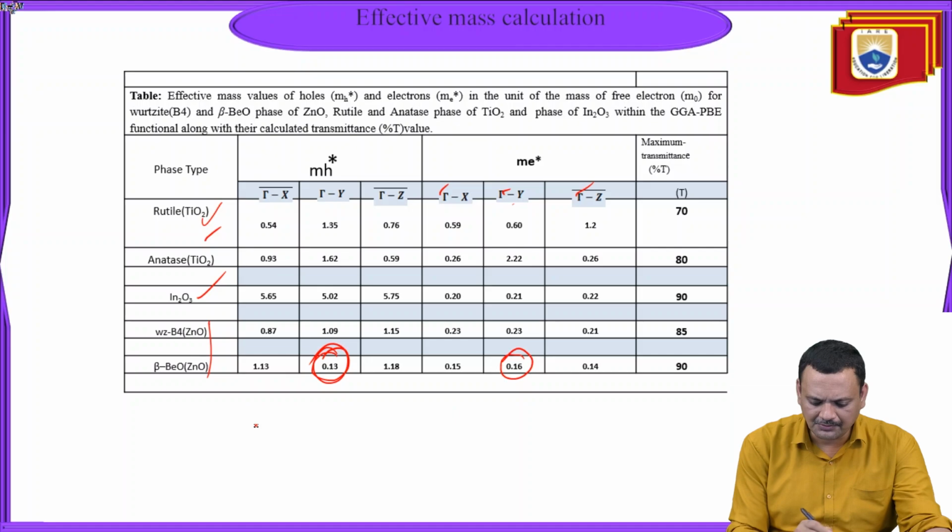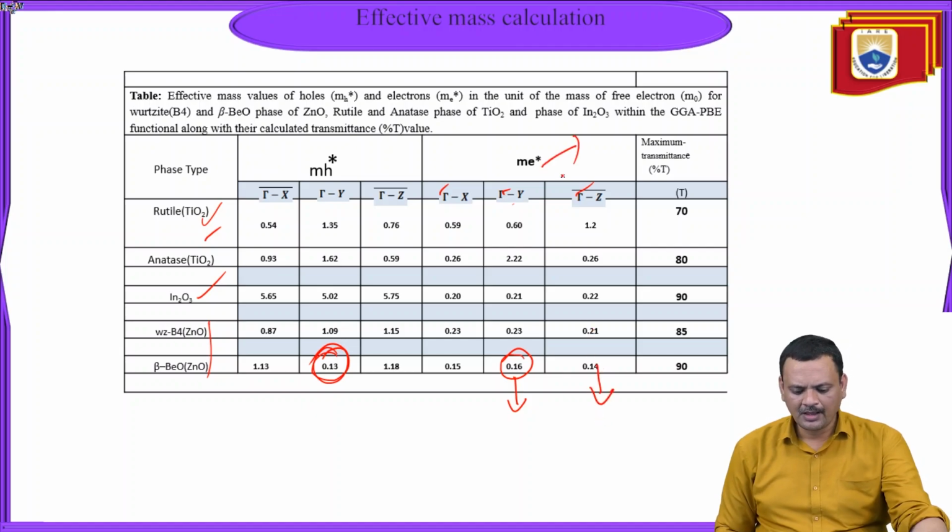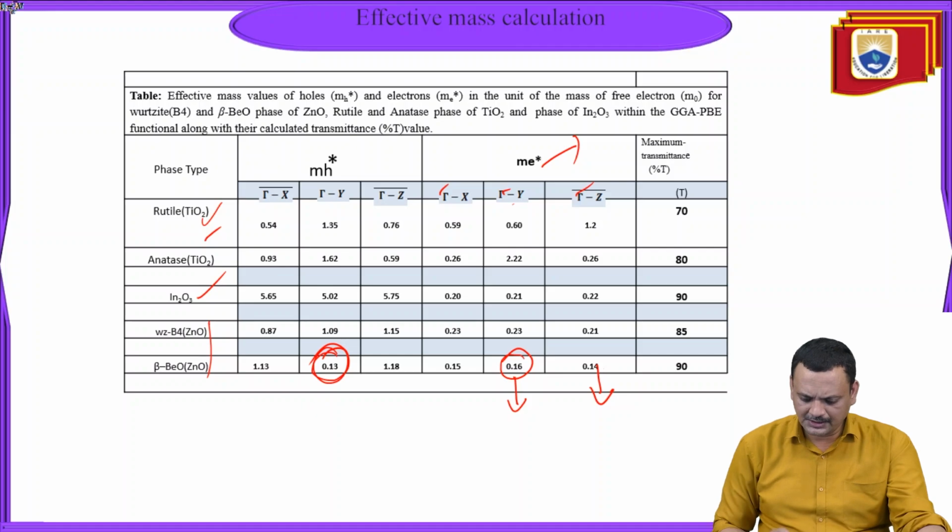This is the effective mass of hole, and this is the effective mass of electron. Gamma to Y, Gamma to Z, 0.14 effective mass of hole. So why is 0.14 the lowest value, and why is the effective mass of hole also very low?